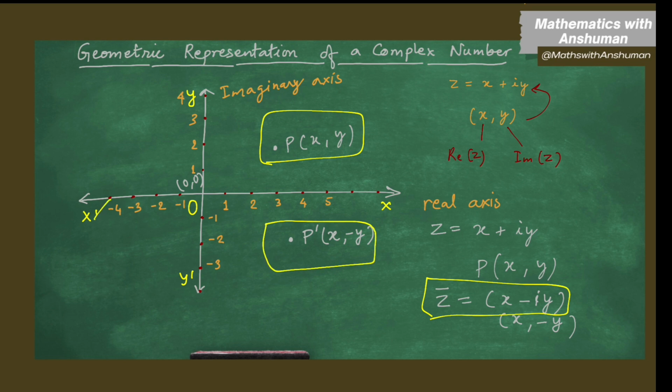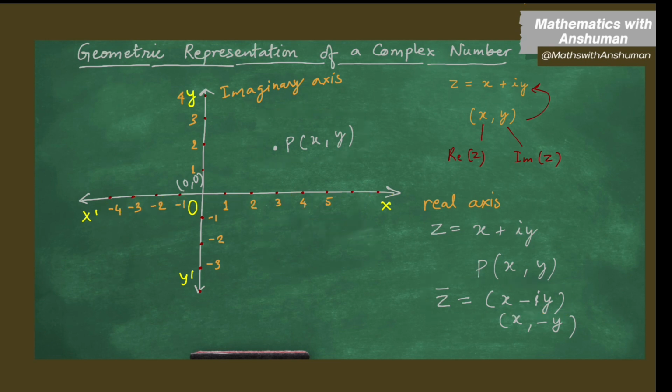So the x-axis or the real axis behaves as the mirror and the conjugate behaves as the mirror image. Your complex number can be anywhere on this plane and the mirror image would be just on the other side of the real axis or x-axis.